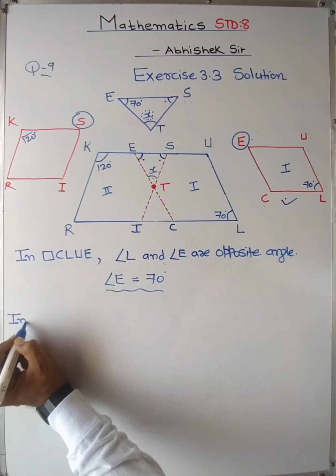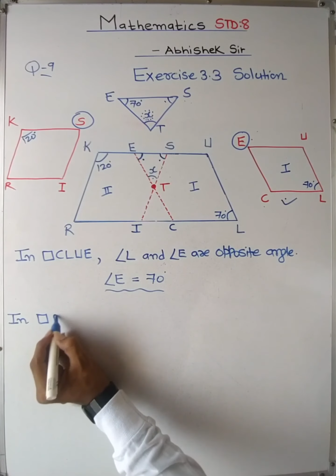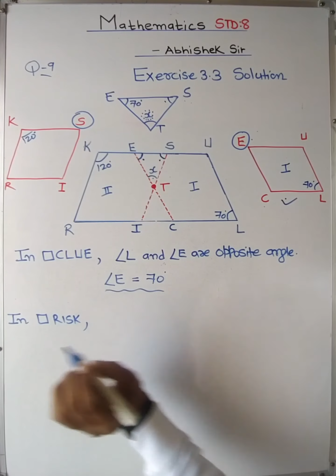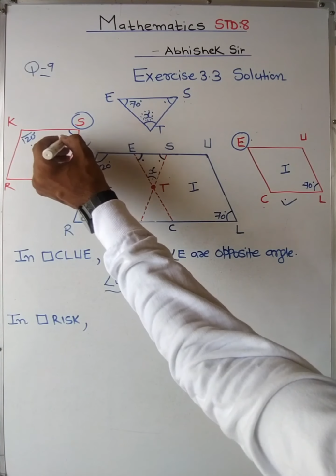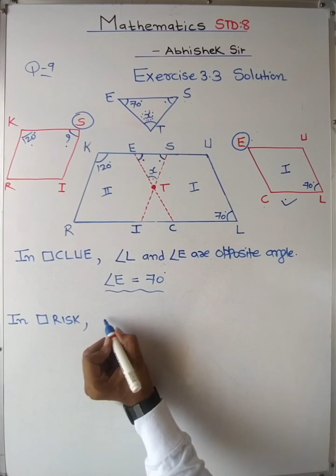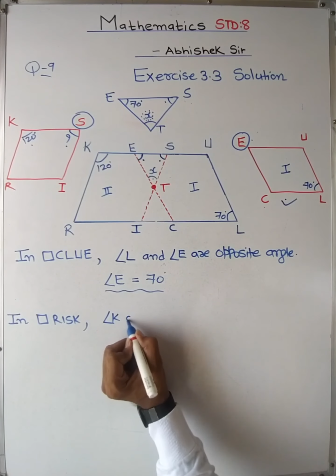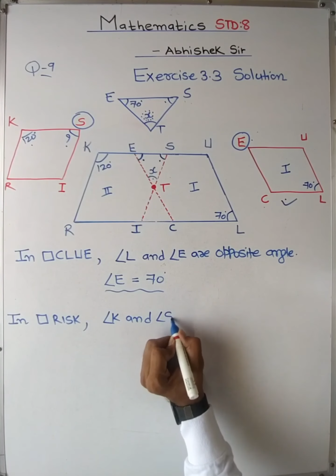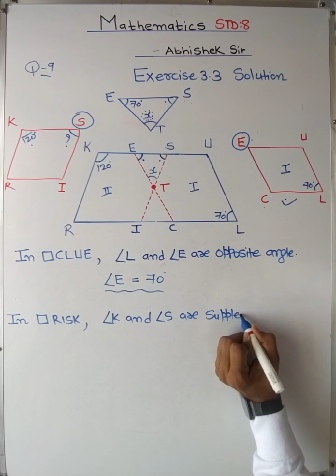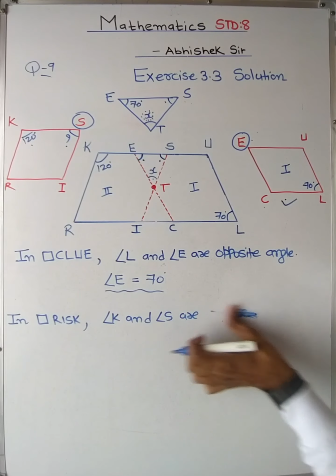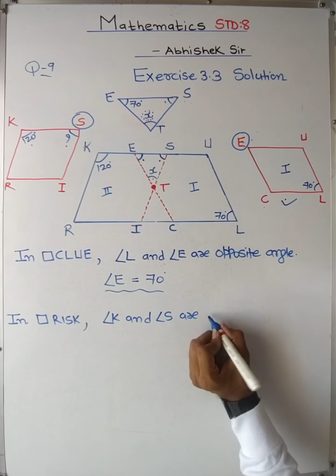Now moving on to the next part, in parallelogram RISK, angle K which is 120 and angle S are adjacent. Let us write adjacent first and then we will write supplementary.